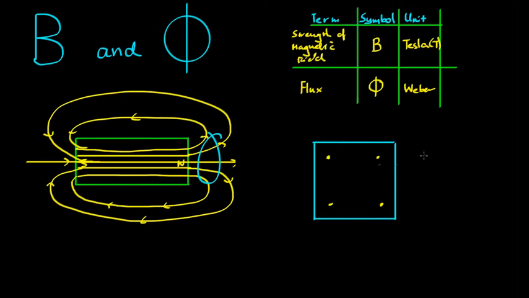B, the strength of the magnetic field, tells me how crowded these magnetic field lines are together, and the area tells me the area which they're passing through, and if I multiply these two terms together, I get the flux. And flux is very important because if I change the flux through this loop, a current is induced in this wire in either direction depending on what I do to the flux.